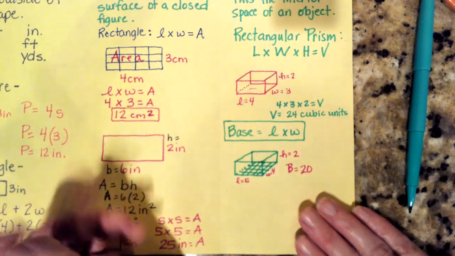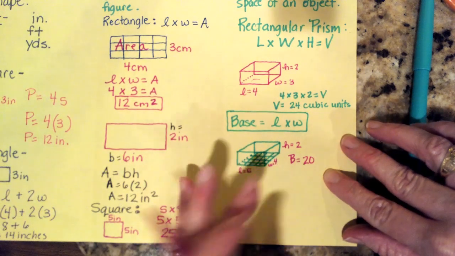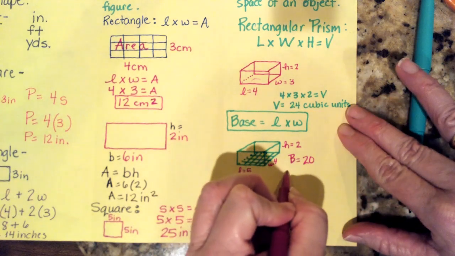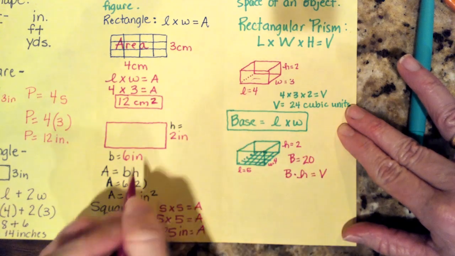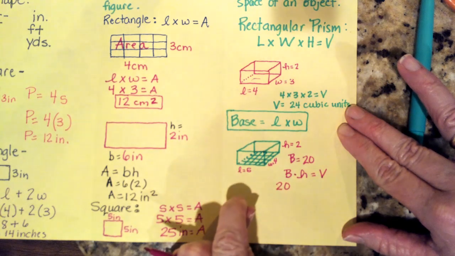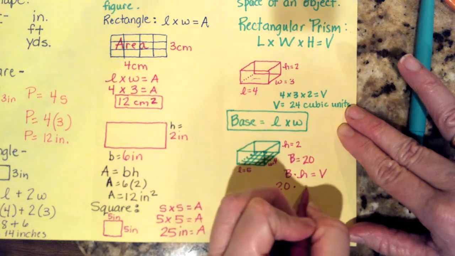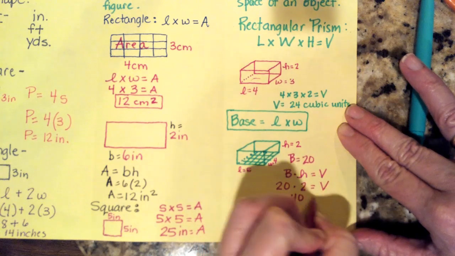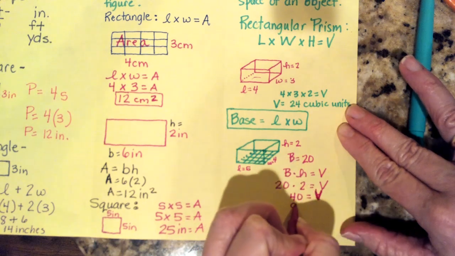But it's the base that is already multiplied to give you that bottom layer. So another way to find volume is to take the base, multiply it by the height to get the volume. And in this case, our base has already been calculated. It's 20. And remember, you're getting that from 5 times 4. And we're going to multiply that by the height, which is 2. And so our volume now is 40 cubic units.